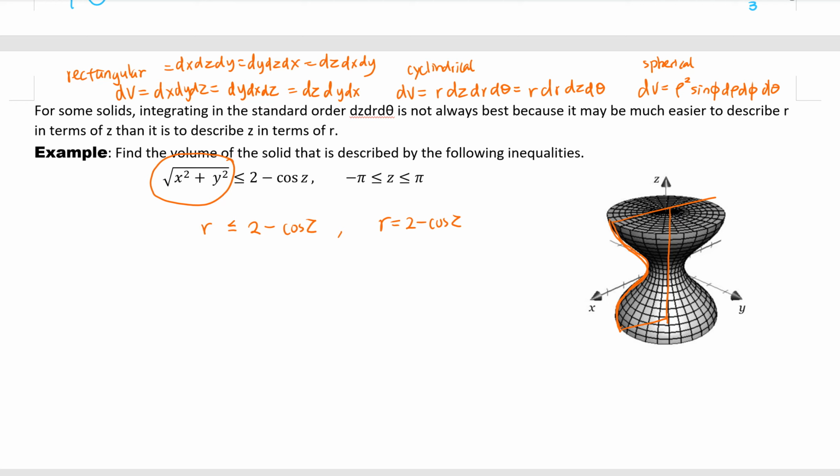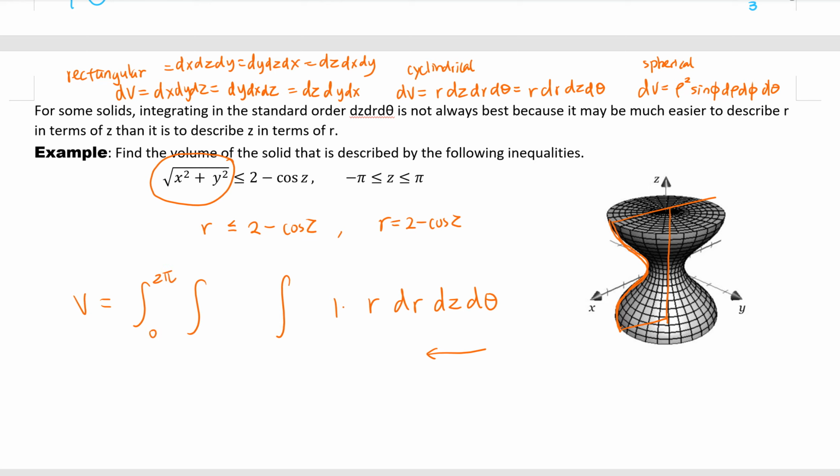So far so good, everybody. You can see r is a function of z. So when we set up the volume, we have r, and because r is a function of z, we want dr, dz, d theta. From the outside to the inside, theta is still from 0 to 2 pi.